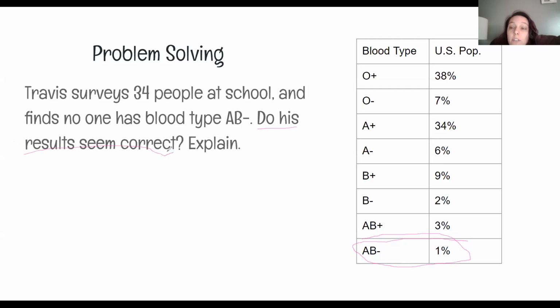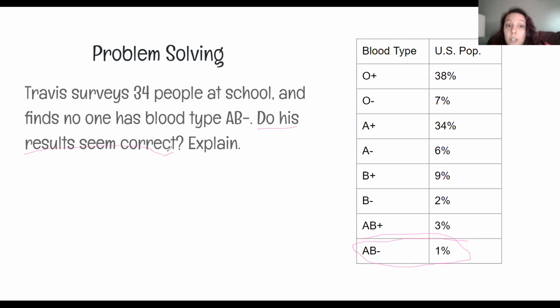So think about if you were to survey 34 people at your school and nobody said that they had a blood type of AB negative, because only 1% of people in the United States have that blood type.